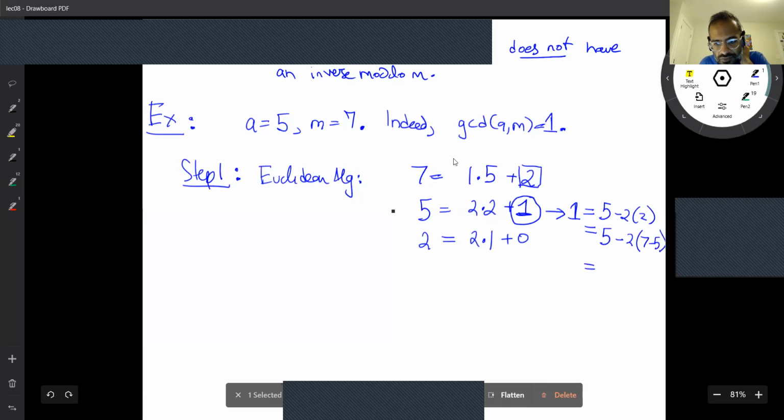So 1 is equal to, in this case, 3 times 5 minus 2 times 7. Right? So in the context of Bézout's theorem, what are my S and T here?